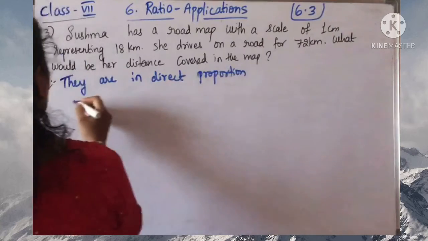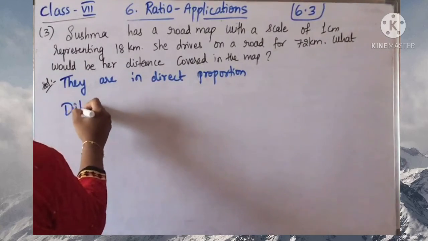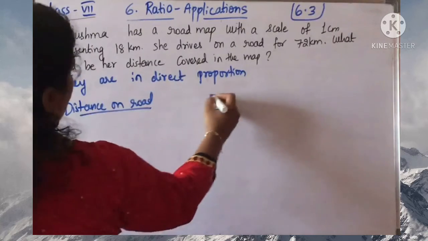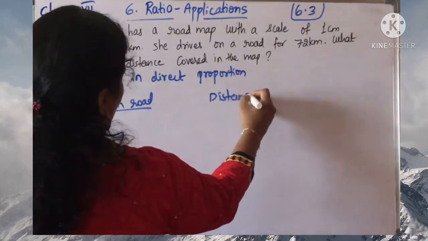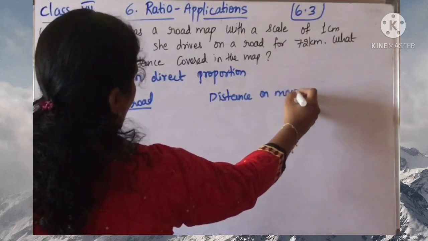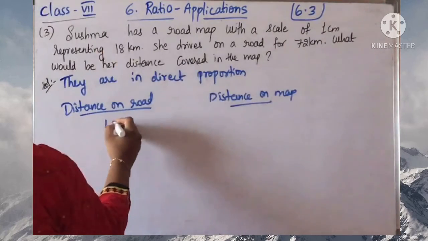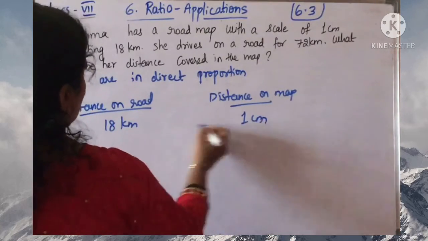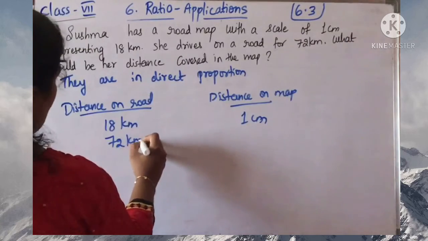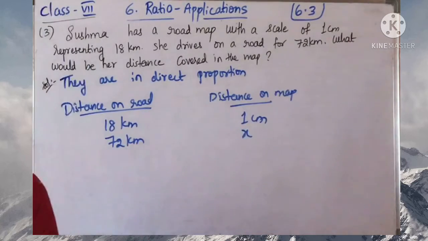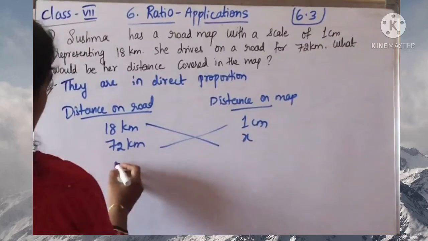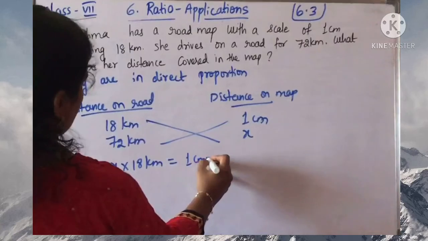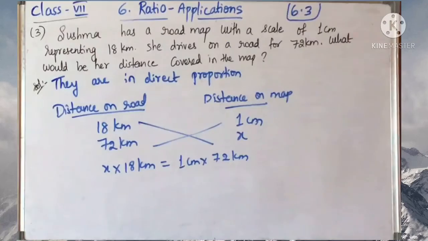So here I can write distance on road and distance on map. Here 18 kilometers is representing 1 centimeter in the map. So for 72 kilometers, how much does it represent in the map? That is x. So here x into 18 kilometers is nothing but 1 centimeter into 72 kilometers.